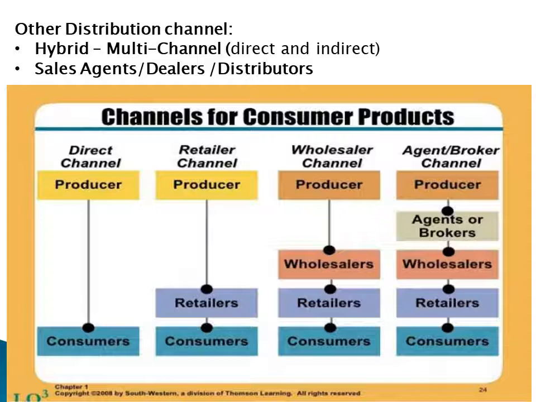So, for instance, you can have an insurance company hiring the services of freelance agents, and these people go out to sell policies, and they get paid based on the job that they do, right? Or you have agents or brokers who work in between the producer and wholesalers and retailers, right?